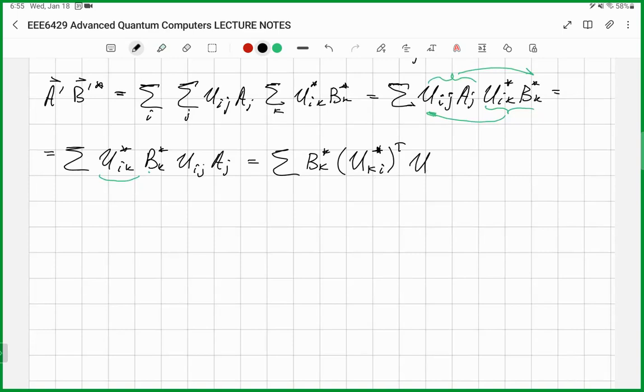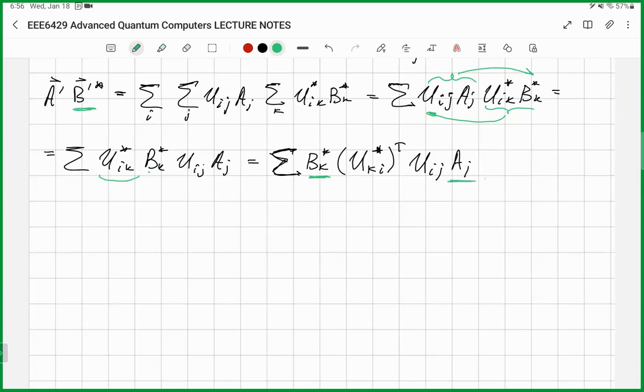And then this matrix U_ij and vector A_j. And we sum over all the components over k, i, and j. Very good. So now what do we have? We have the components of the vector B complex conjugated here.